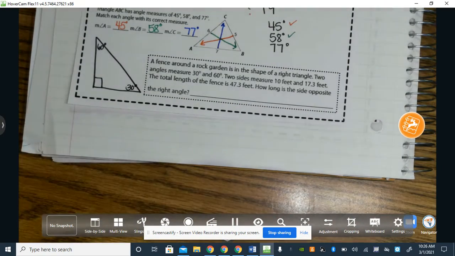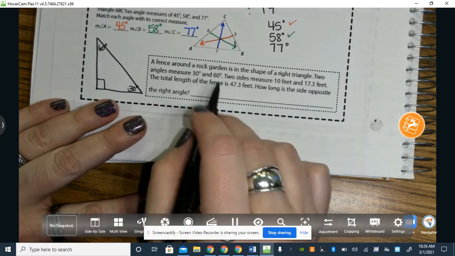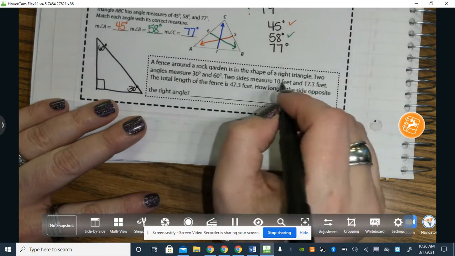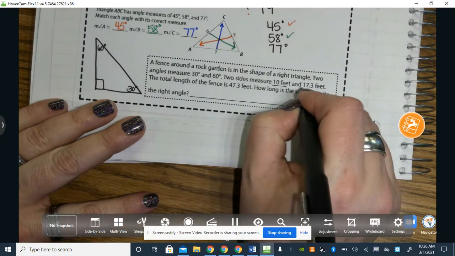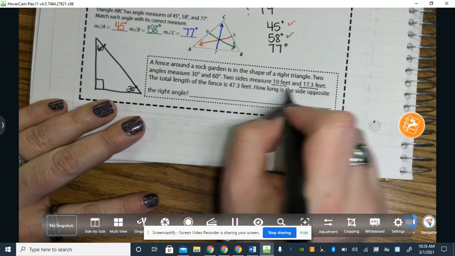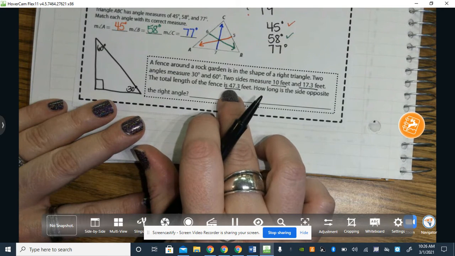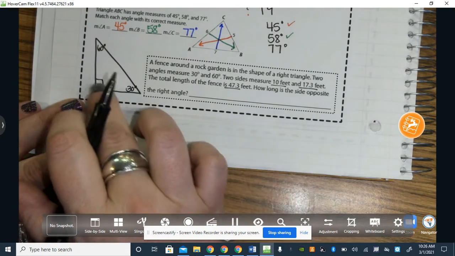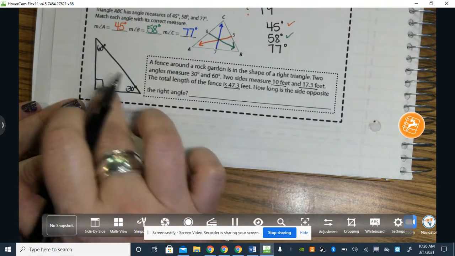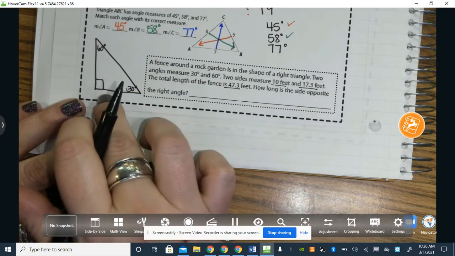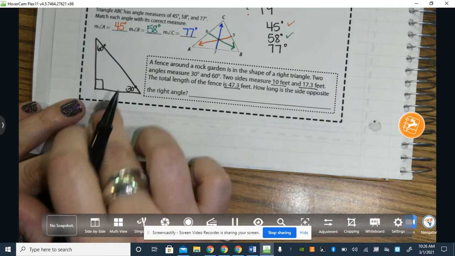So what I need to do is write an equation. So I have my information. I know I have two of them that total this, and the whole total around it, the perimeter of it, is 47.3. And I know that one of these is 10 and one of these is 17.3.